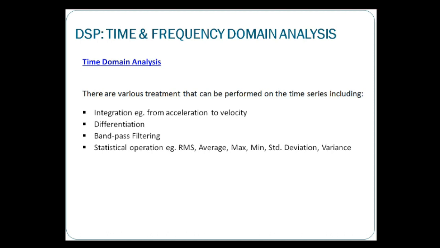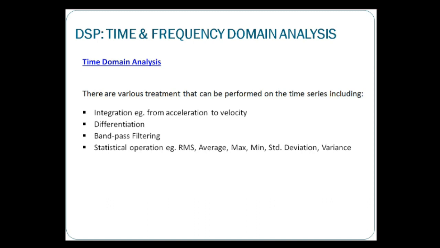The 100 hertz could be a very high vibration amplitude, but in the time domain it superimposes everything together. So if you apply a statistical operation, we can know that overall this particular vibration signal consists of 5 frequency components.